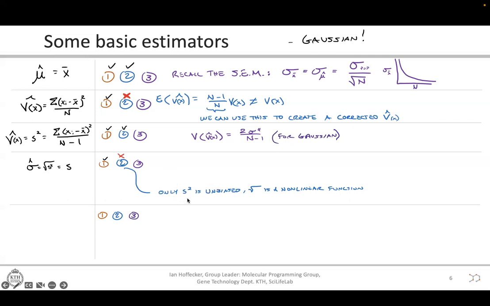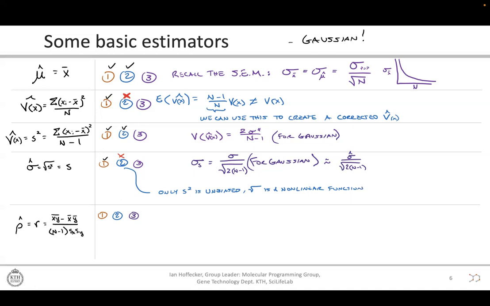Typically, this biased estimator for the population sigma is used because the bias is not so bad. And the spread of this estimator is itself subject to some variation that follows this trend here.